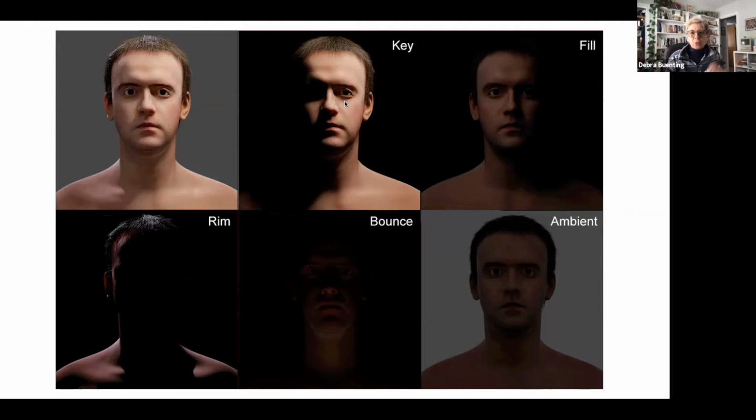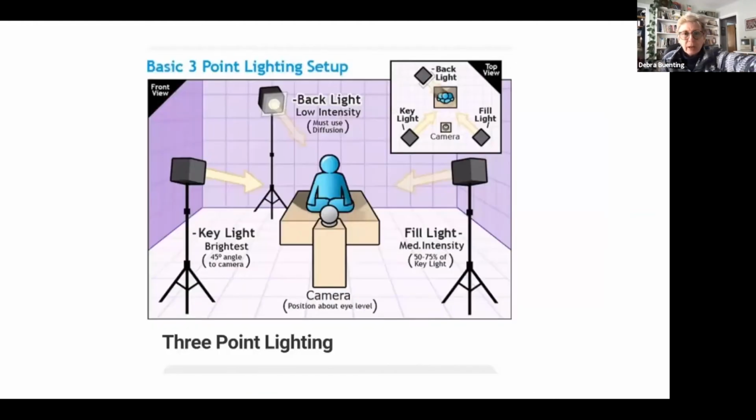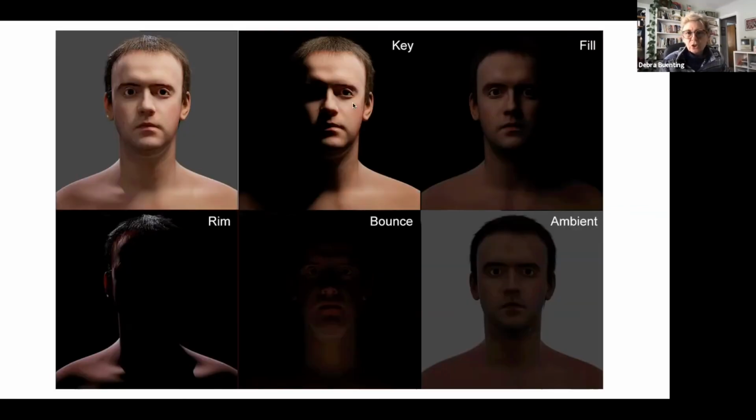Here we have the key light on the left. Here we have the key light on the right. So it's shining onto his face, and you can see the 3D molding that's going on. Then we've got the fill light, and the fill light, like I said, is less intense than the key light, and it's on the other side.